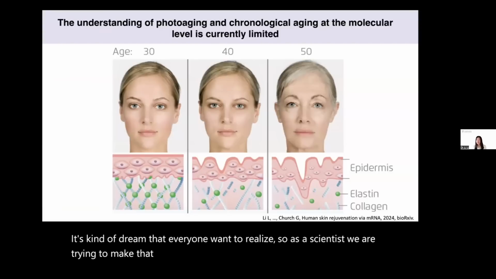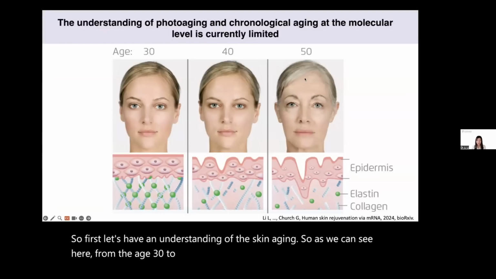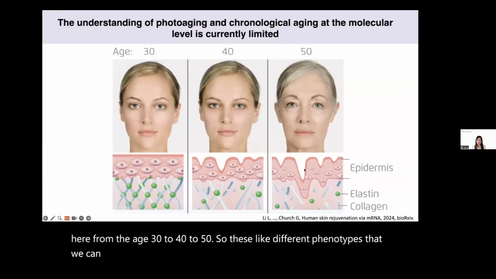First, let's have an understanding of skin aging. As we can see here, from age 30 to 40 to 50, there are different phenotypes that we can see visually, and we can also see what's happening under the microscope.